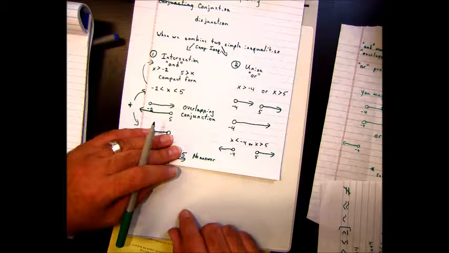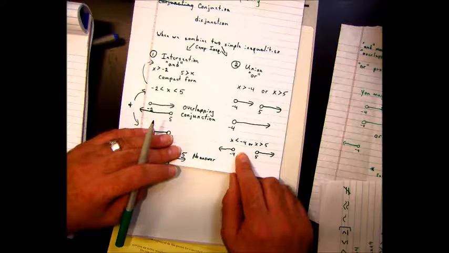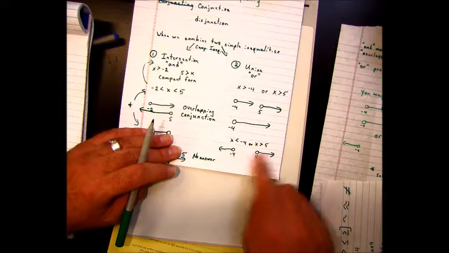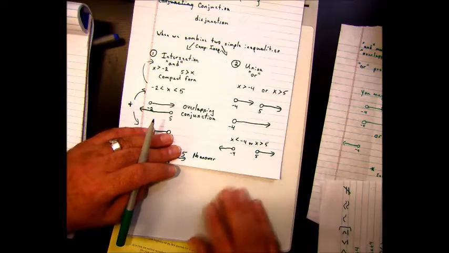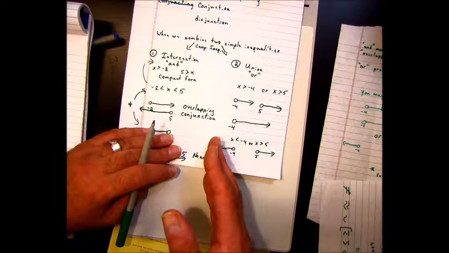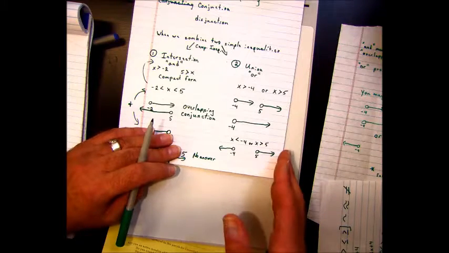But hey, they don't overlap. Well, that means there are 2 separate sets of numbers that can answer this. It could be -8, or my answer could be +10. It can be one answer or the other. Why? Because this is an or problem.